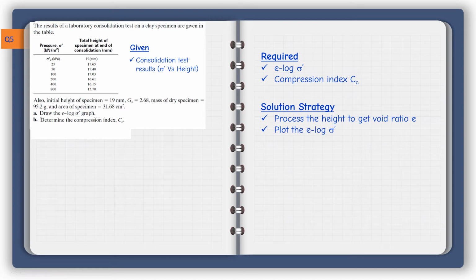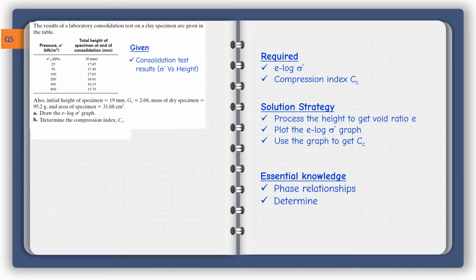Second is to plot the e log sigma dash graph and use the results to get the compression index C sub C. Essential knowledge: we need to know the phase relationships, how to determine the void ratio from basic data, and the definition and determination of the compression index.